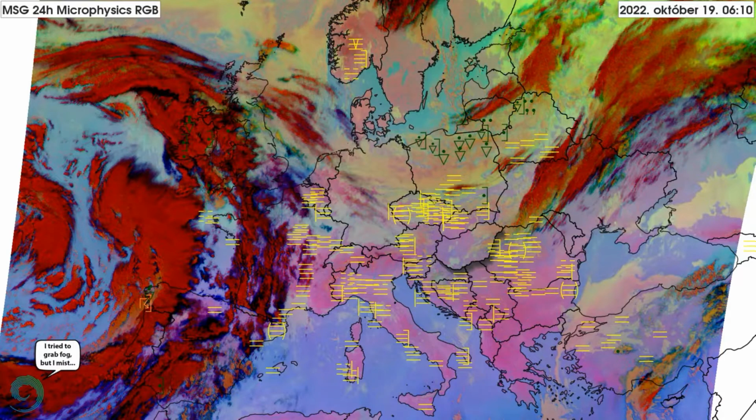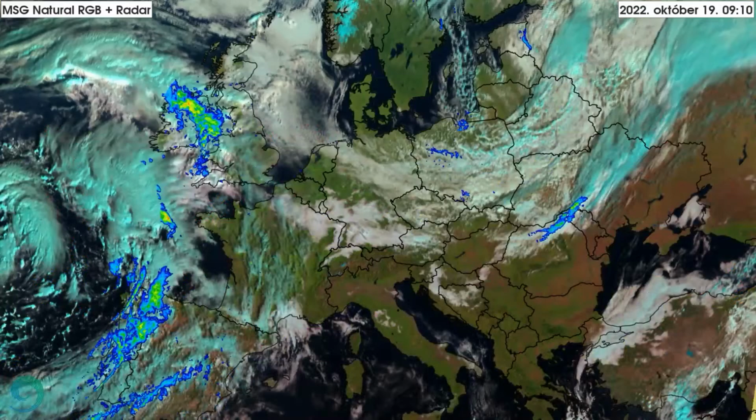So in this picture you can see the natural RGB picture and radar images. You can see here a big area with some light and heavy rain. You can see here some rain areas and here too.